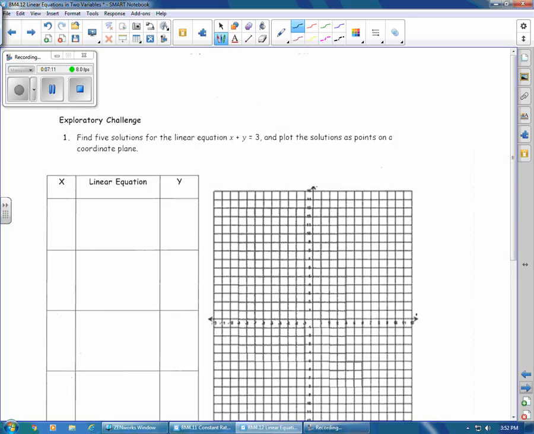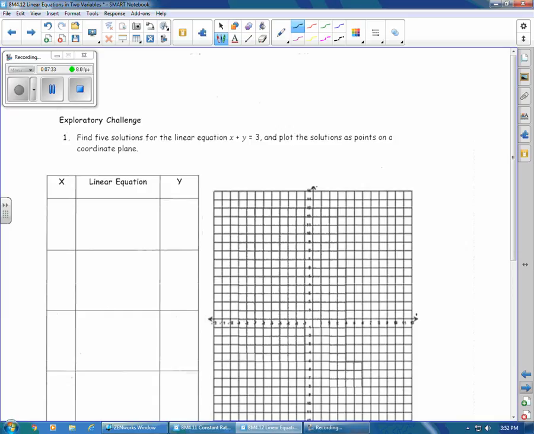Page 99. The next thing is an exploratory challenge. It says find 5 solutions for the linear equation x plus y equals 3 and plot the solutions as points on the coordinate plane. So what I want to tell you right now is 0 is your friend. It's a really good number and it makes things easier.